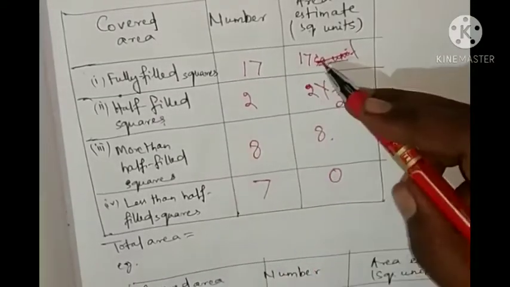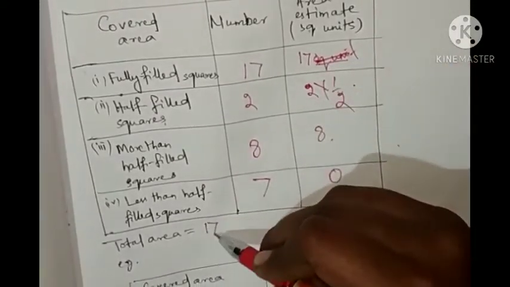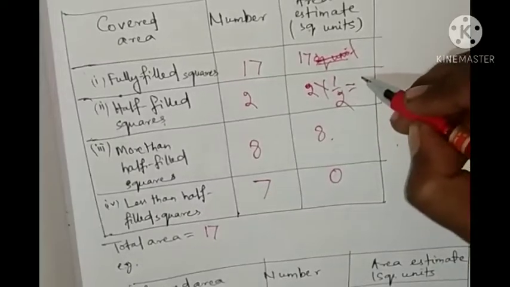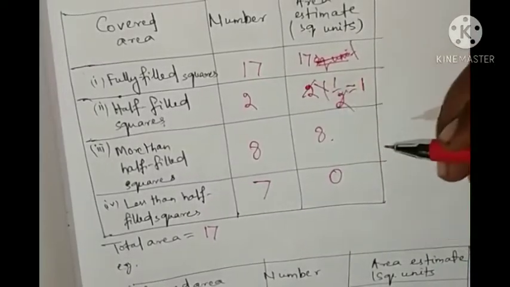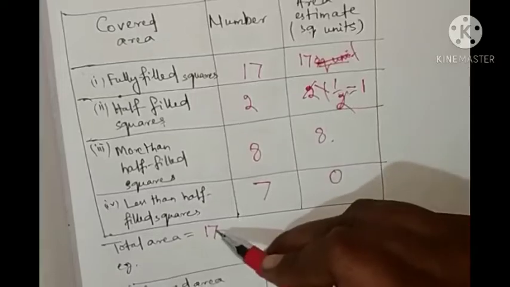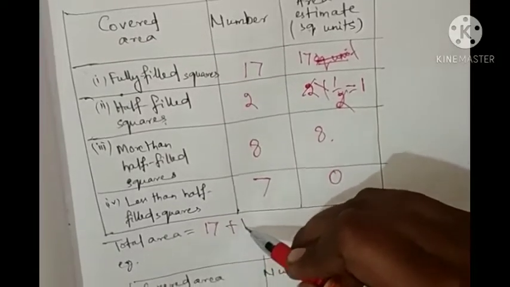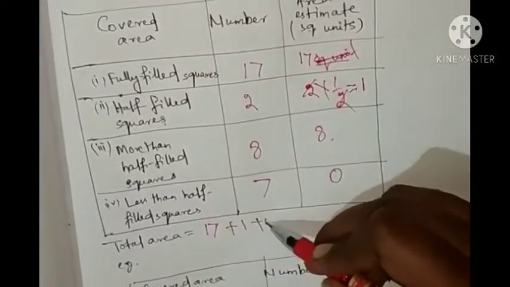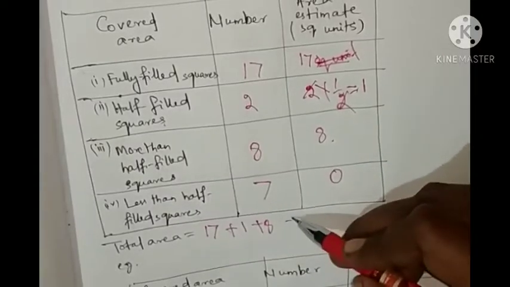Total area is how much? 17. 2 into half is how much? 1, because 2 and 2 will cancel. 17 plus 1 plus 8 plus 0.